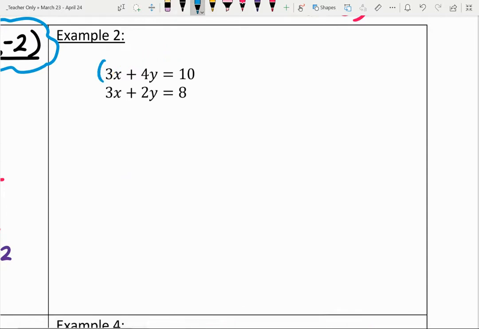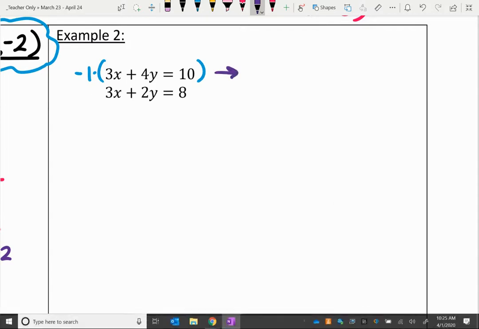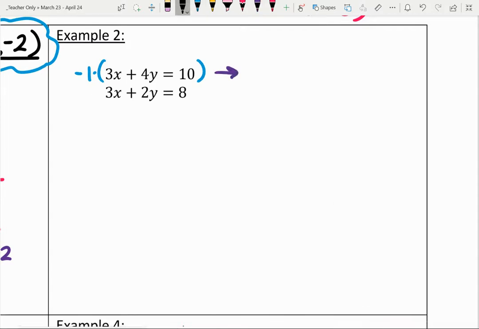So that's what I'm going to do here. I'm going to multiply all parts of this top equation by -1. I could do this with the second equation too. It does not matter at all. I'm just going to do it with the first one because I can. When I multiply everything there by -1, I'm going to get -3x minus 4y is equal to -10. Don't forget the other side of the equal sign.